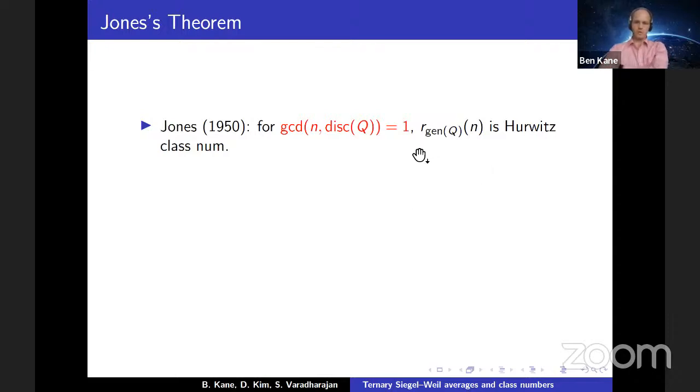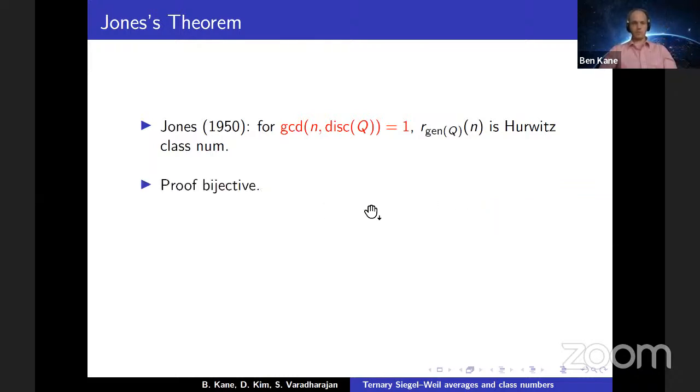And Jones said that if you take the discriminant of Q, which I'll describe a little bit later, but basically it's the determinant of a certain matrix that gives the quadratic form Q, and if the GCD of n and the discriminant is 1, then this actually is a Hurwitz class number, essentially, which is consistent with what we saw in the case of what Gauss looked at before that.